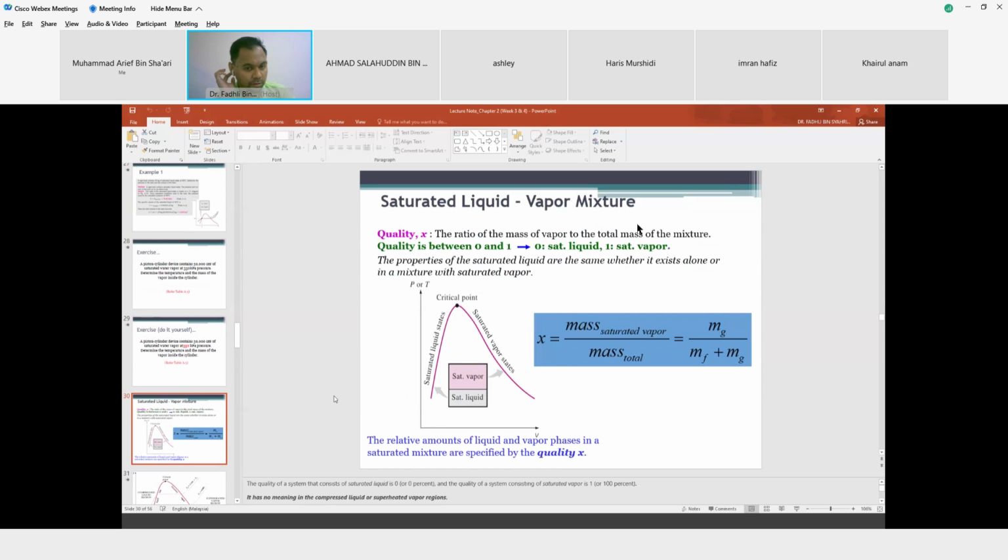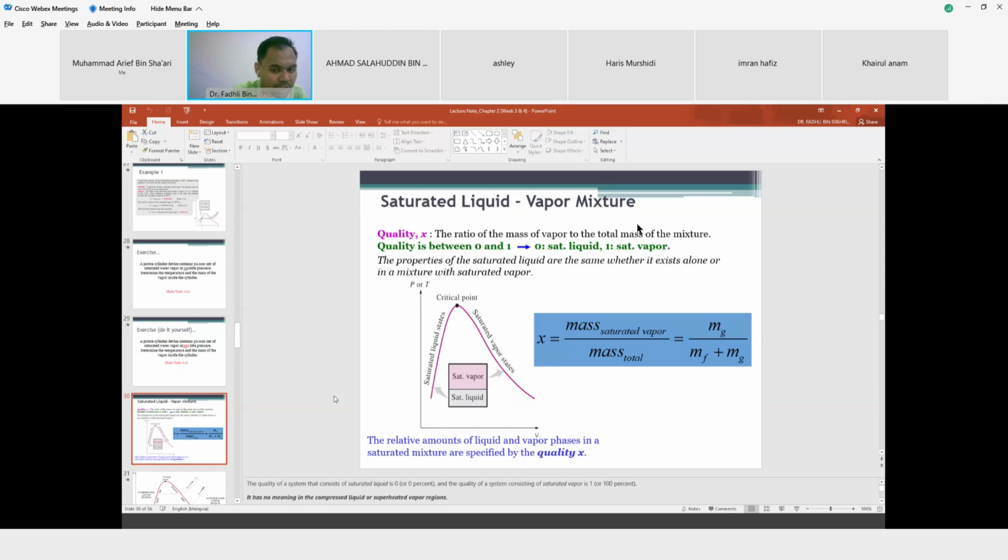Okay, this is quality: the ratio of the mass of vapor to the total mass of the mixture. x equal to mass of vapor over total mass. So from this statement, steam is now cooled at constant pressure until 70% of it by mass is condensed.